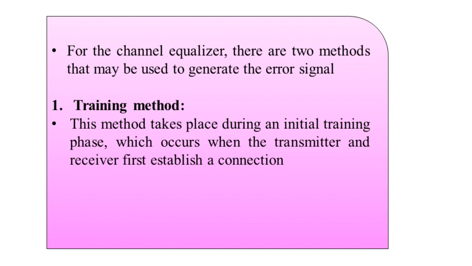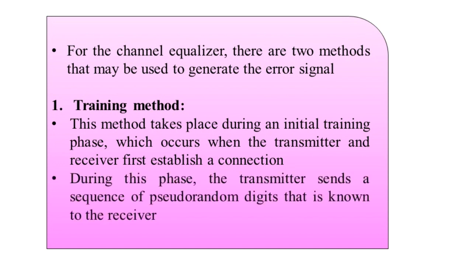During this phase, the transmitter sends a sequence of pseudo random digits that is known to the receiver. It is just like a password. With the knowledge of d of n, the desired signal, the error sequence is easily determined and the tap weights of the equalizer may be initialized.